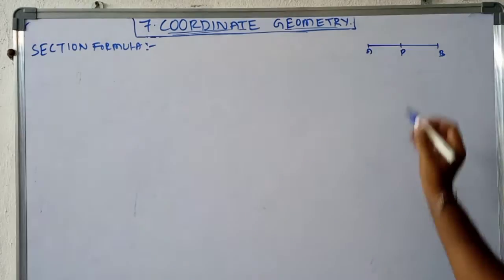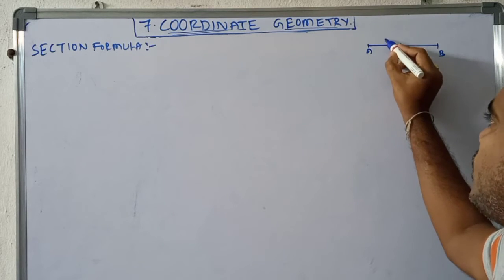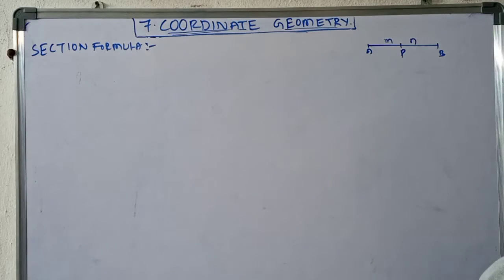So P is the point dividing AB in the ratio m is to n.